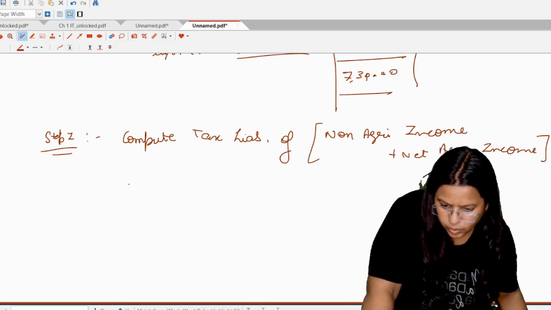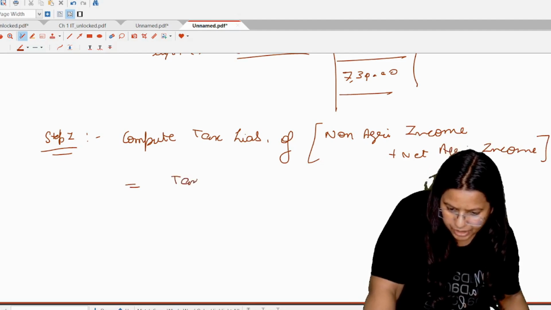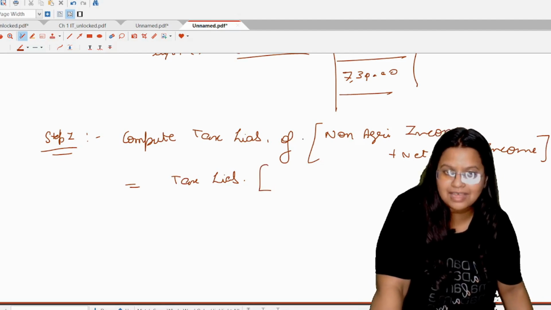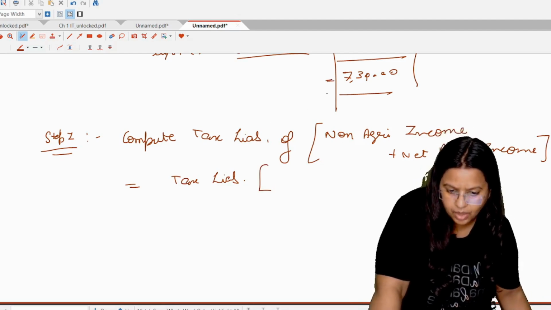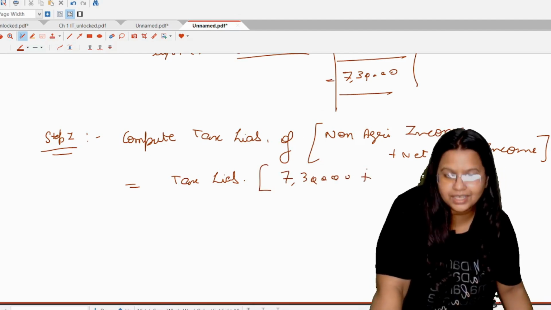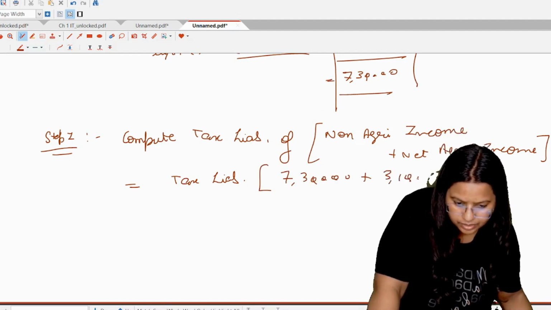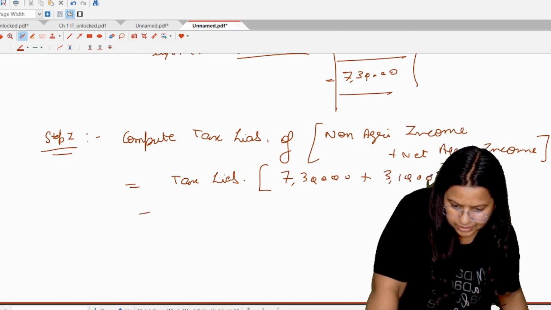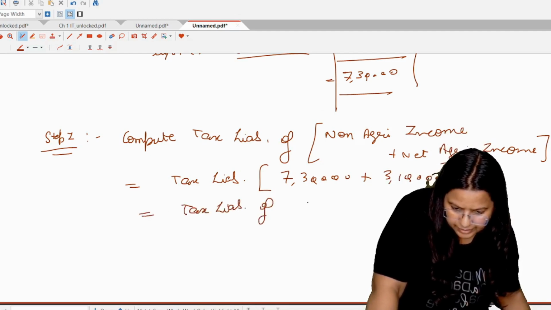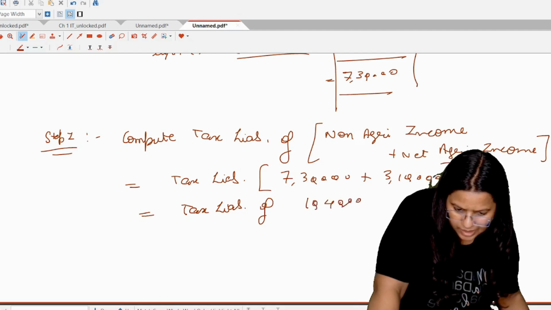So as per this question, the non-agricultural income, as we have found here, is 7,30,000. How much is the net agricultural income? 3,10,000. Okay, it means tax liability of 10,40,000 rupees. Now let's find out.